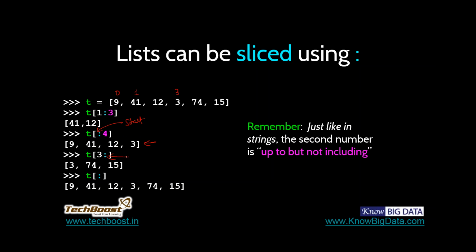Here we have missed the end index. If you miss the end index, it goes till the end of the list, from number 3 to the end of the list. And the last one, as we discussed, gives us the complete list.